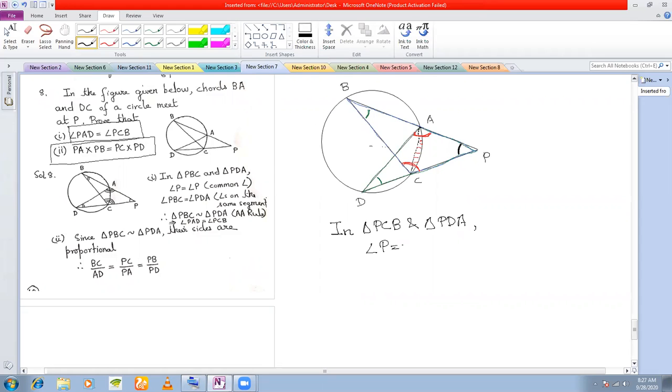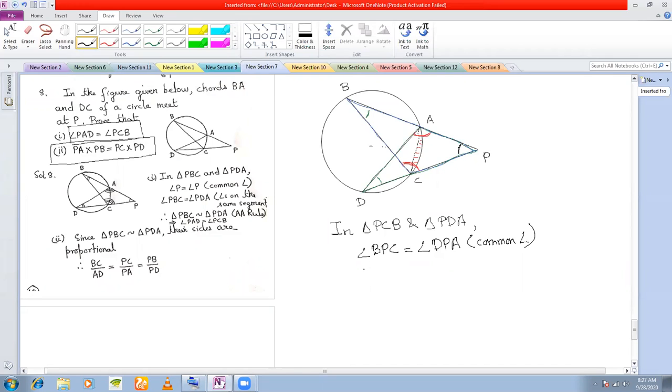Angle P is equal to angle P, or you can also write angle BPC is equal to angle DPA, common angle. Or simply write angle P is equal to angle P, no problem, because at P you have only one angle.